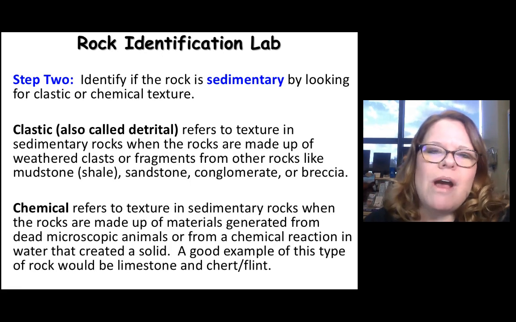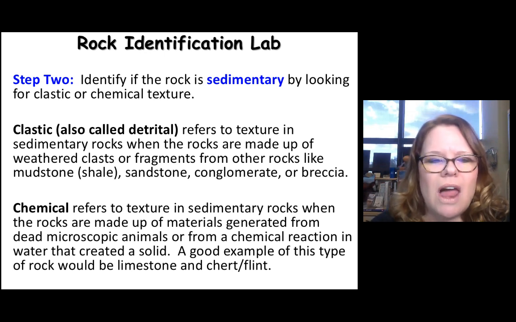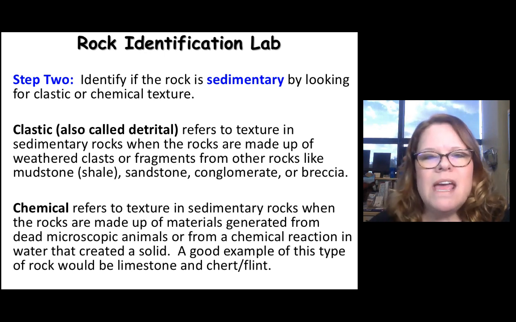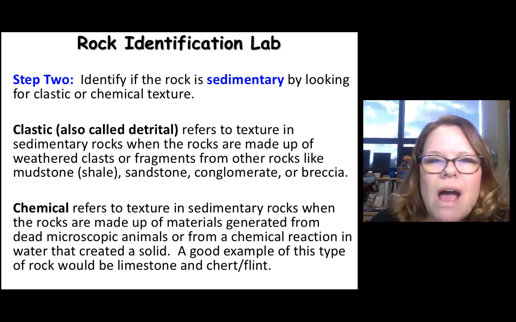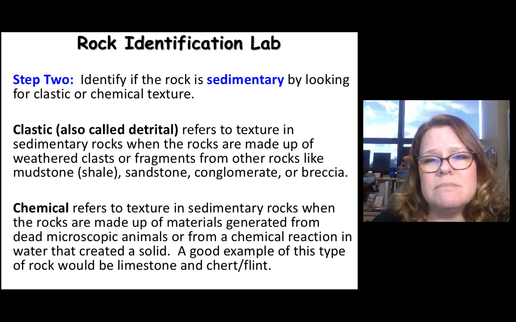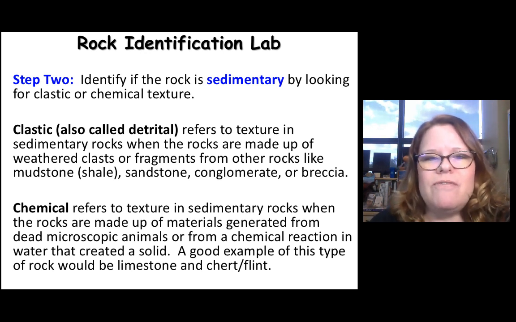If you determine your rock's not igneous, then you move into sedimentary. There are two textures for sedimentary: clastic, also referred to as detrital, FYI, and chemical. Clastic refers to a texture when rocks are made up of broken-up fragments of other rocks and stuff. Basically, they're a hodgepodge of things. The size of those clasts, or pieces of material, dictates which type of rock they'll be.